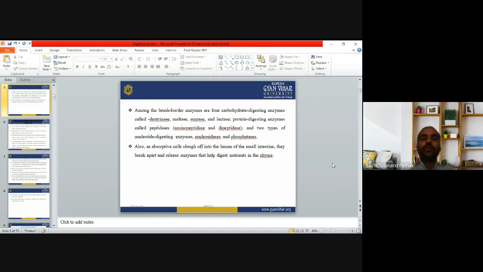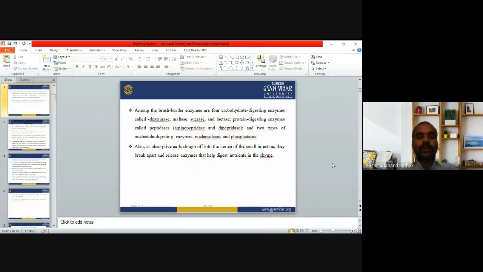So these are the four different enzymes that help in the digestion of carbohydrates. The protein digesting enzymes are called peptidases: aminopeptidase and dipeptidase. These peptidases help in the digestion of proteins. And there are two types of nucleotide digesting enzymes, nucleosidase and phosphatase, which help to digest the nucleotides.